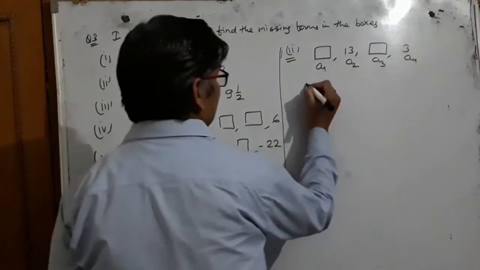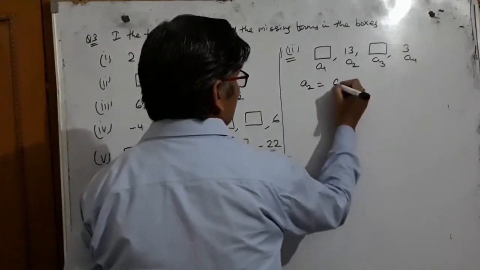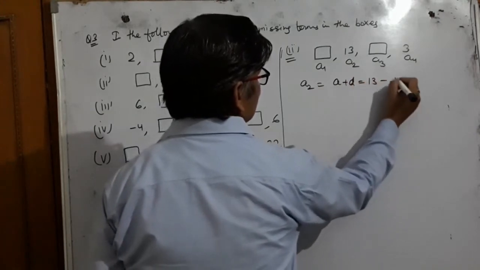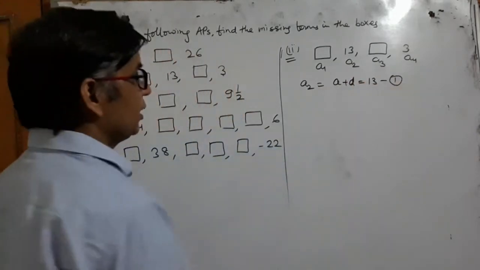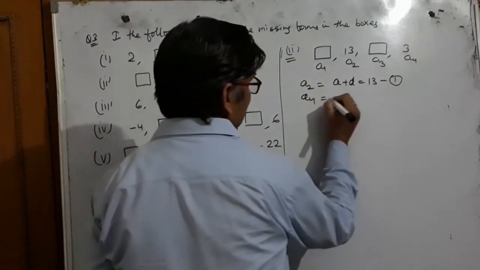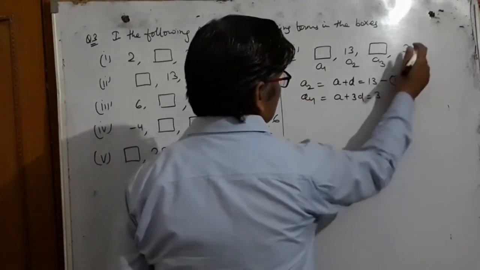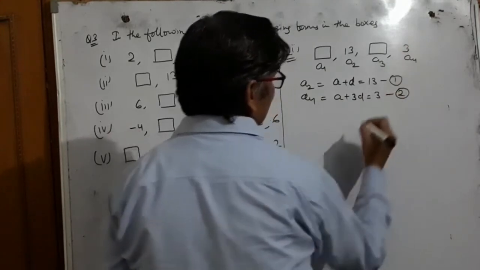So let us start with A2, which is A plus D, equals 13. This is equation 1. And A4 is A plus 3D equals 3. This is equation number 2.